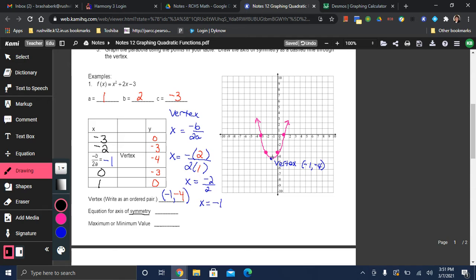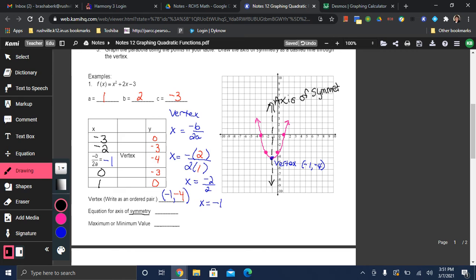So it goes through the vertex, and we usually will draw that as a dashed line. So I'm drawing a dashed vertical line through the vertex. If I were to fold the parabola on that line, then the two sides would match up to each other. And so this is called the axis of symmetry.